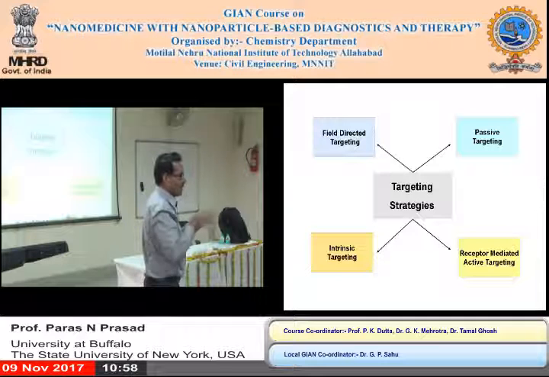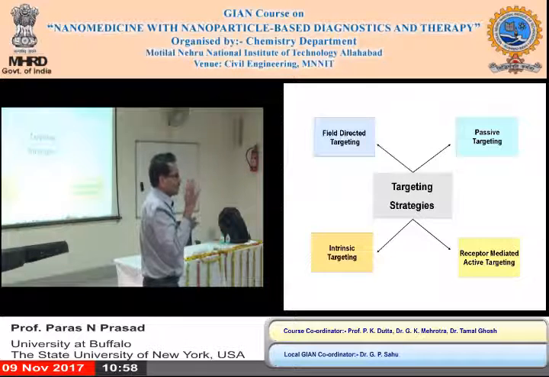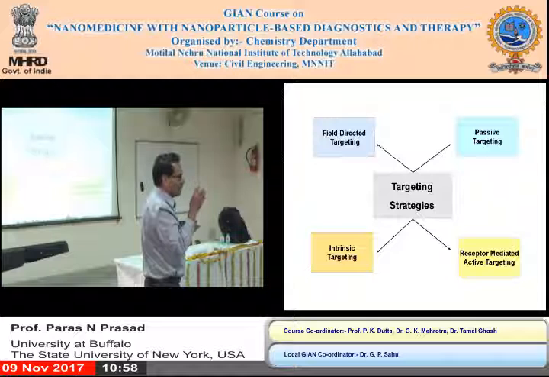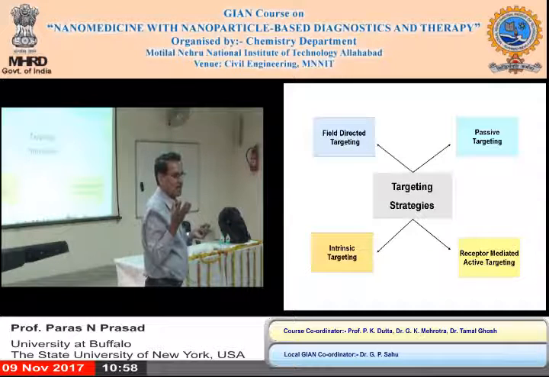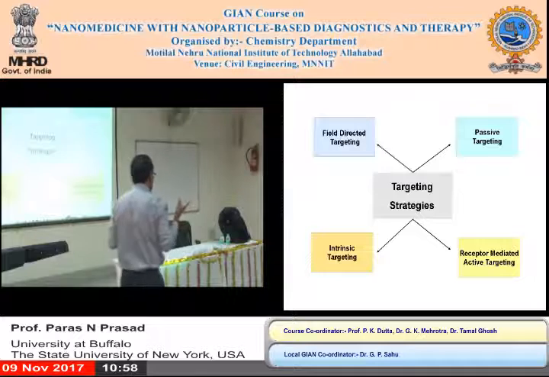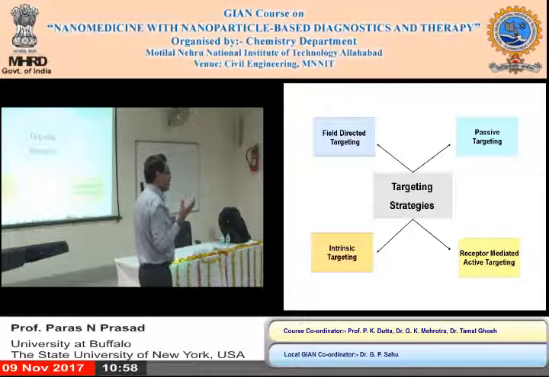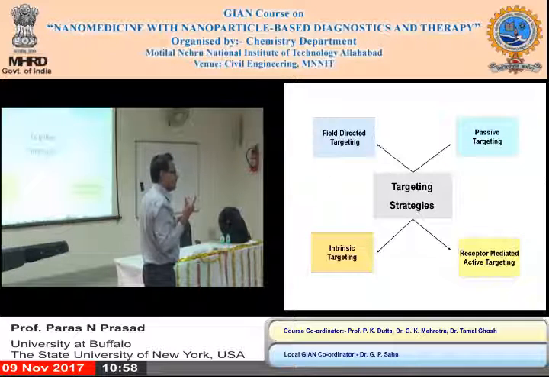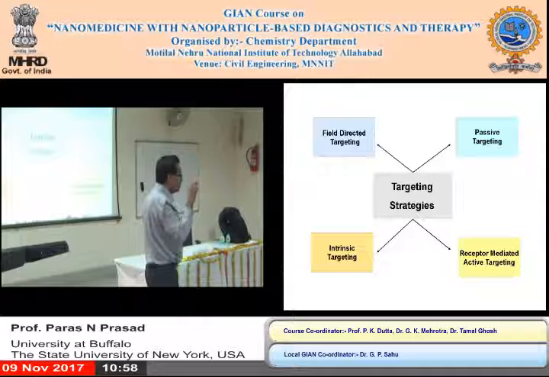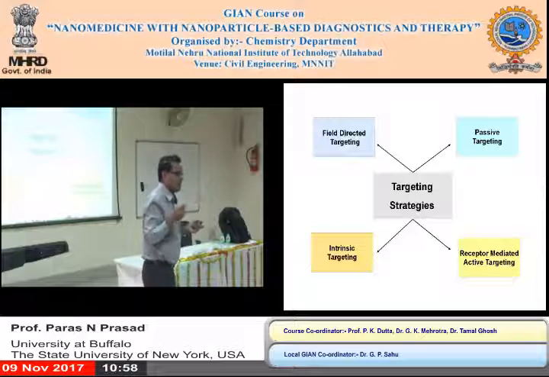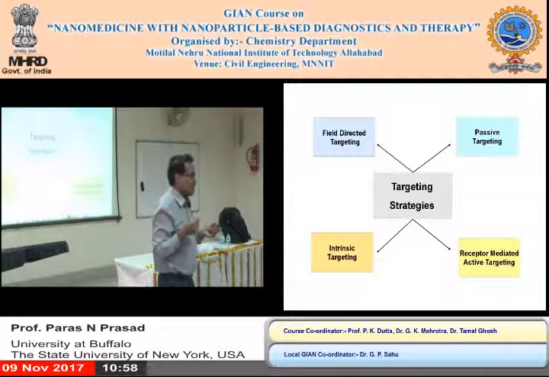You want to have a bigger size, 50 to 100 nanometers, they get in there, they're soaked in there, and they stay. It's called passive targeting. And this is also known as the EPR effect, enhanced permeation and retention. So this passive targeting works by the EPR effect.